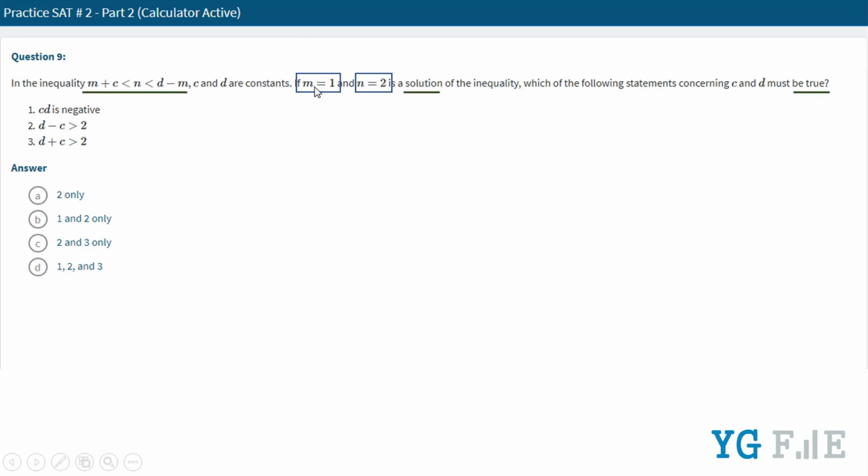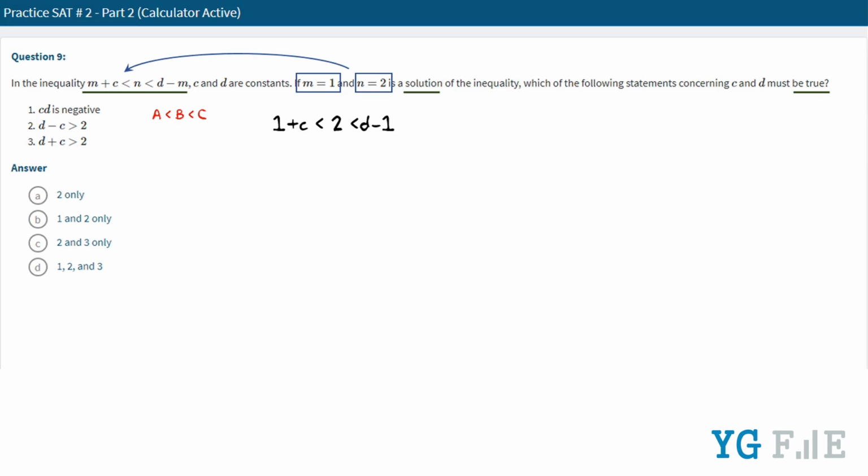Then it means that these two values satisfy the inequality, so we can substitute them into the inequality. Then we will have 2 is greater than 1 plus c and 2 is less than d minus 1. And this is a compound inequality. Remember that if we have a compound inequality in the form a is less than b and b is less than c, actually this inequality is an intersection of two inequalities.